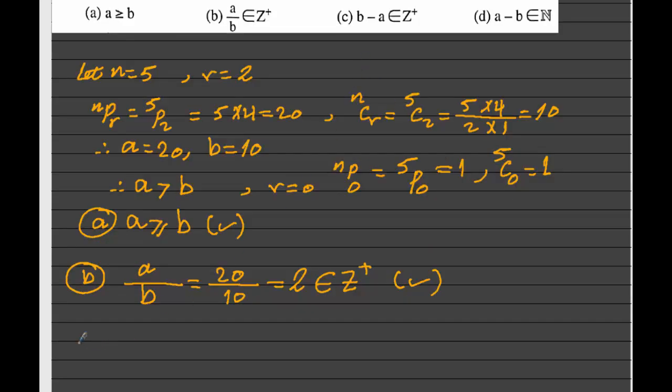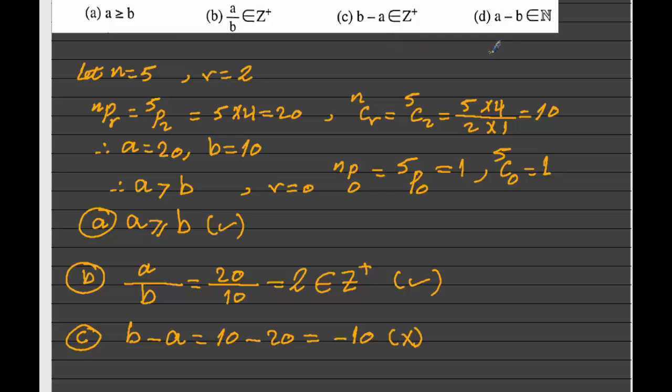With respect to C, here B minus A. Considering B equals 10 and A equals 20, it will be 10 minus 20 equals negative 10. It's a wrong statement. So B minus A belongs to Z positive is a wrong statement.